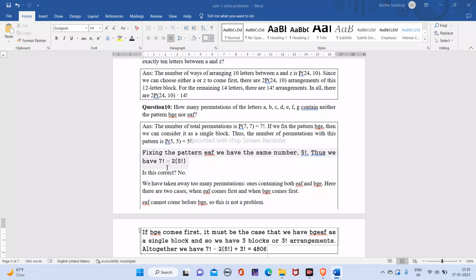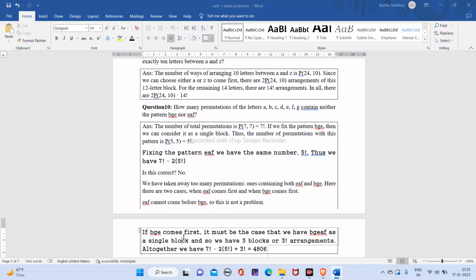So thus we have 7 factorial minus 2 into 5 factorial. But here there is some overlapping. We have taken too many permutations, ones containing both EAF and BGE. So here there are two cases, when EAF comes first or when BGE comes first. EAF cannot come before BGE, so this is not a problem.